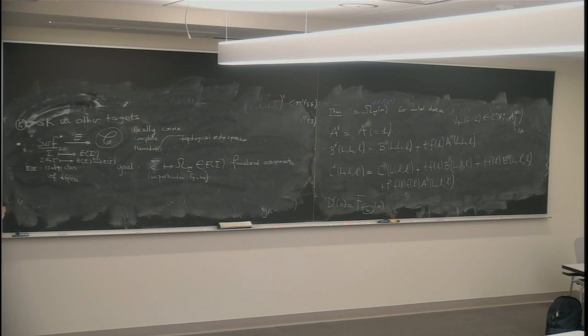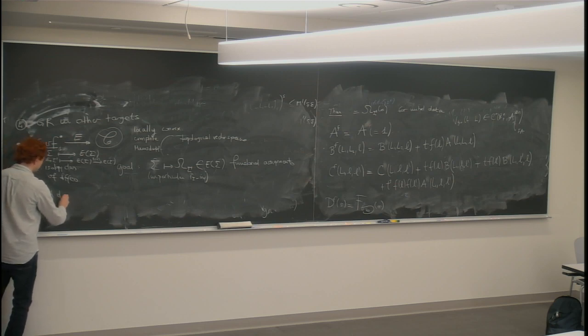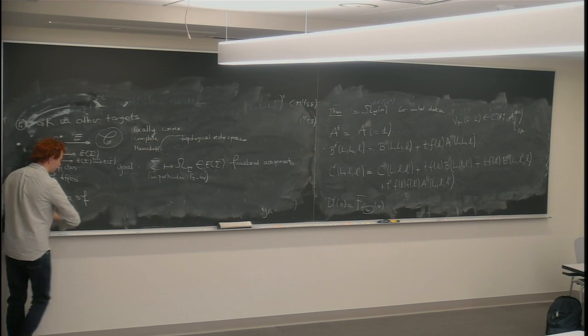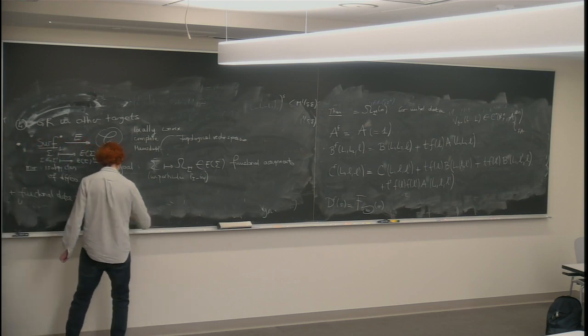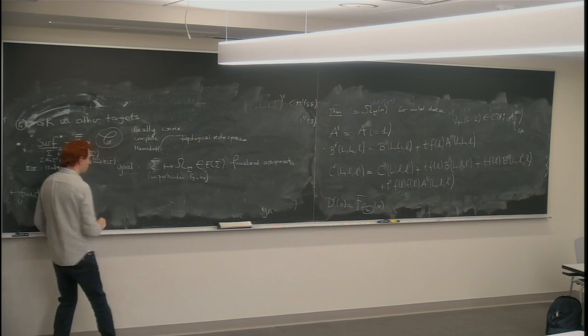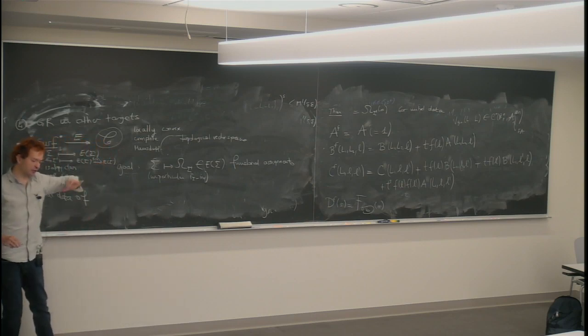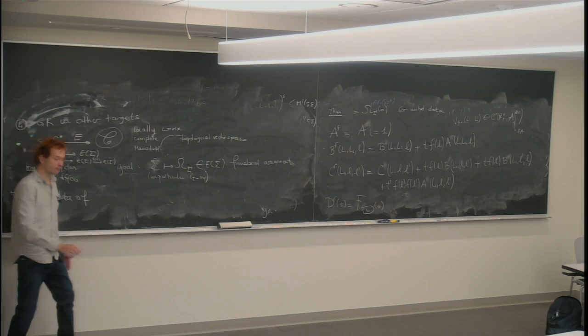Good. In order to do that, you need a few more ingredients, so we'll make a list. First, you need a way to reduce from disconnected to connected, you need a way to make a union.